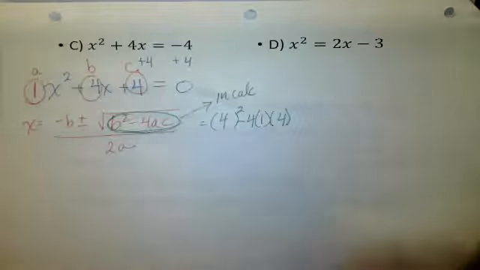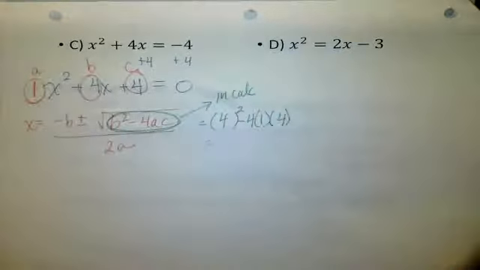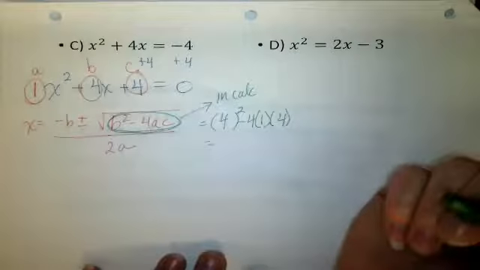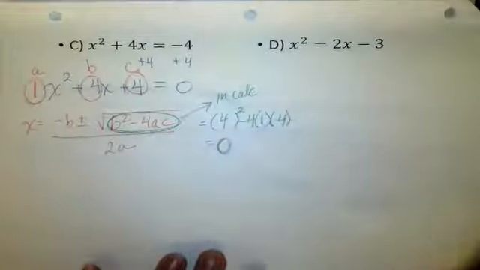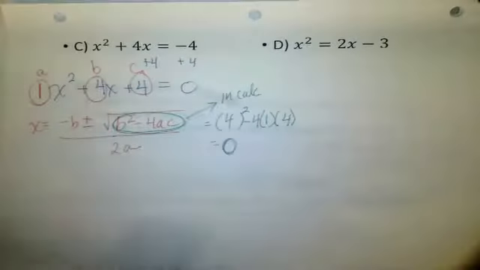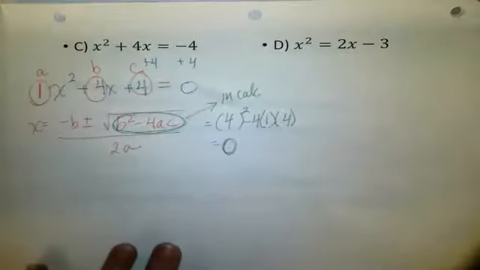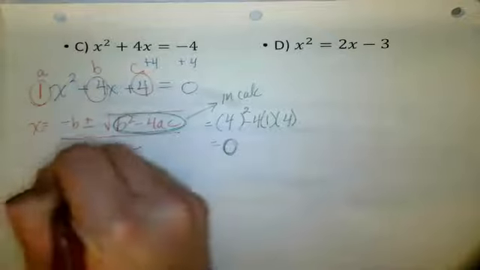You're going to plug that into your calculator. And you get 0, yeah. 16 minus 16 is 0. It happens. All right, I have x equals.